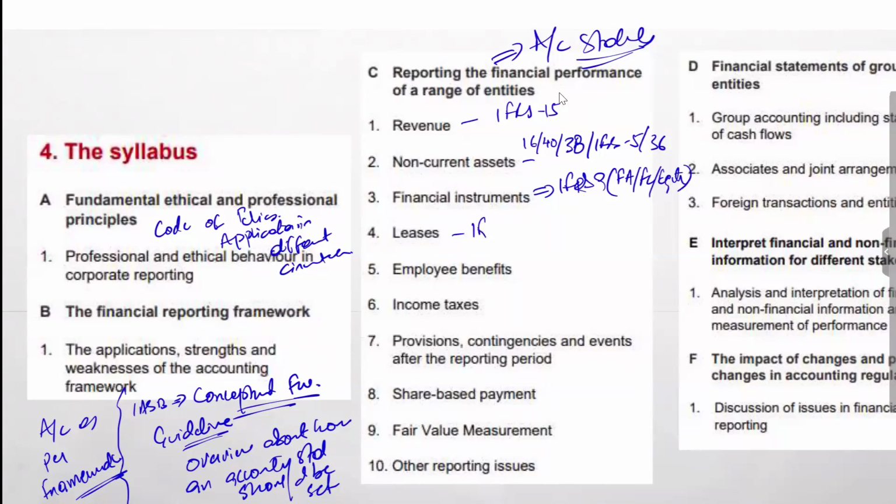Then there are leases, which is IFRS 16. With respect to leases, you would be talking about how a lessor accounts for a lease transaction and how a lessee accounts for a lease transaction.